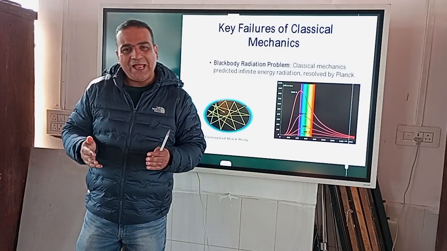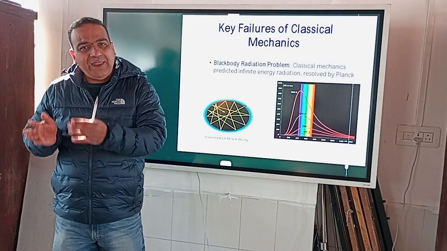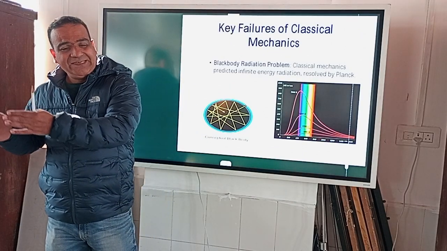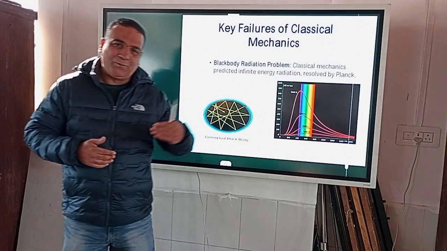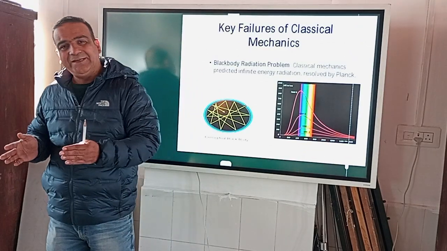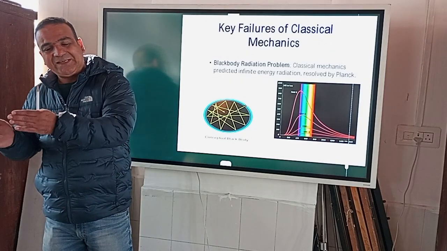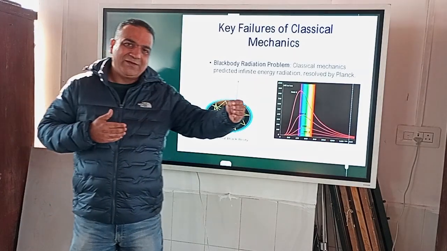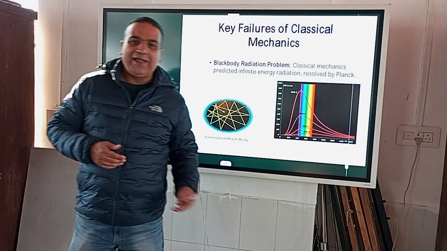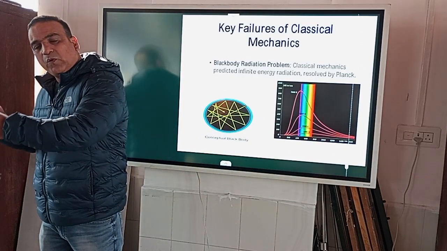But at the same time, the waves are a different entity. They are not linked with the particles. They are treated in a different mathematical domain. So in the classical world, particles are particles, and waves are waves.